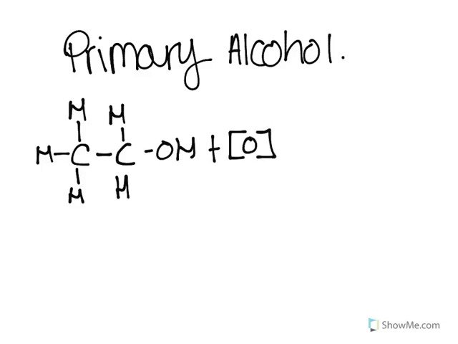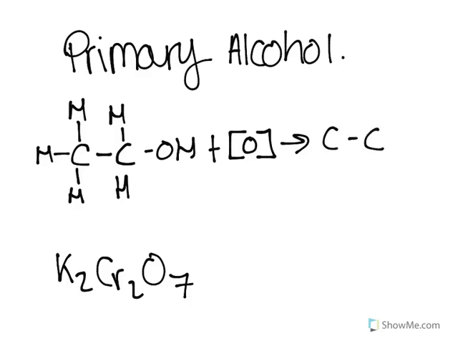You put the oxygen in brackets because we're just referring to it as oxygen, when in fact it's actually an oxidizing agent, which is potassium dichromate, K2Cr2O7, and this then goes to an aldehyde. Just draw that in there. So that would be ethanal.